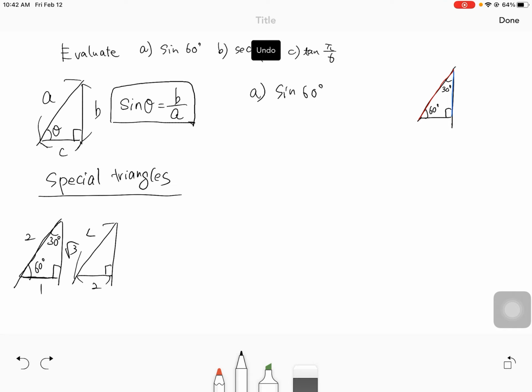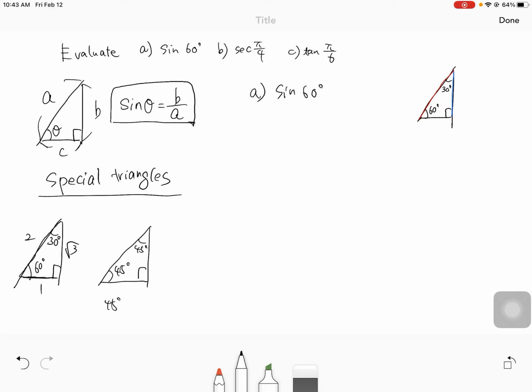Anyway, if you know the ratio here, you can easily calculate sine, cosine, tangent of 60 degrees. Okay. Then one more. The other one is the triangle with right angle here and 45 degrees and 45 degrees.